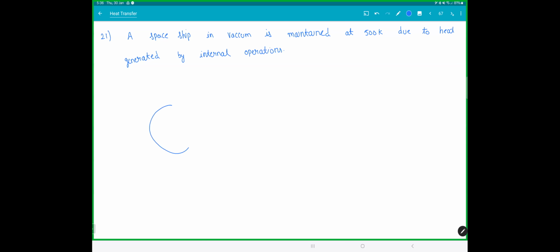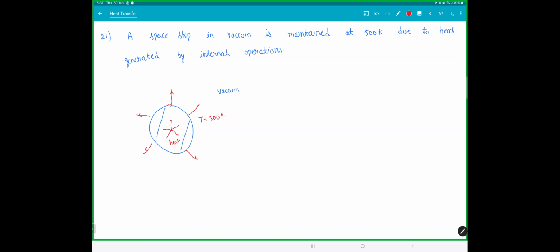So we have a spaceship. Outside is vacuum, so there is no surrounding temperature. The internal operation generates heat, and because of this, the surface temperature is 500 Kelvin. Whatever heat is generated here is escaping from the surface.